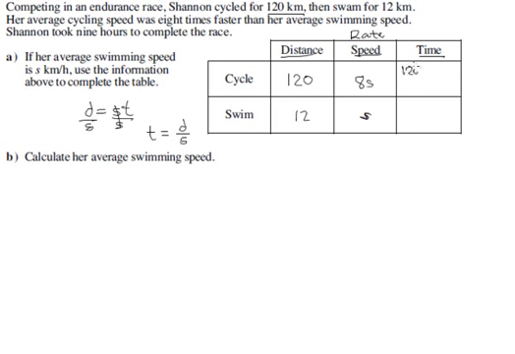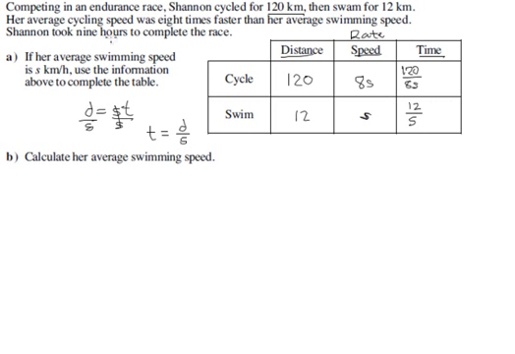So 120 over 8s is the time that the bike leg of the trip took. The swimming leg was 12 kilometers at a speed of s, so there's the time for that. So use the information above to complete the table. Done. Now solve it to calculate average swim speed.